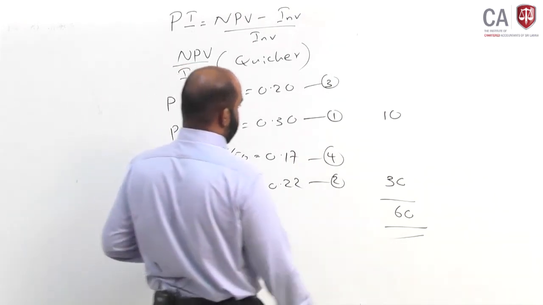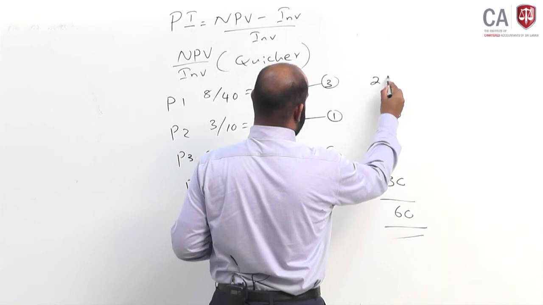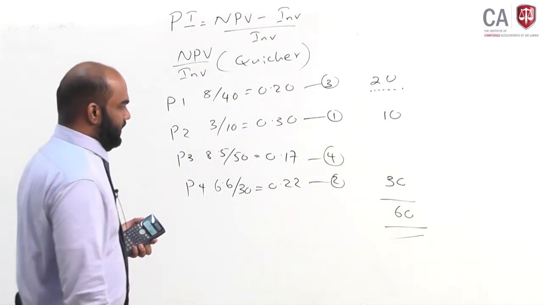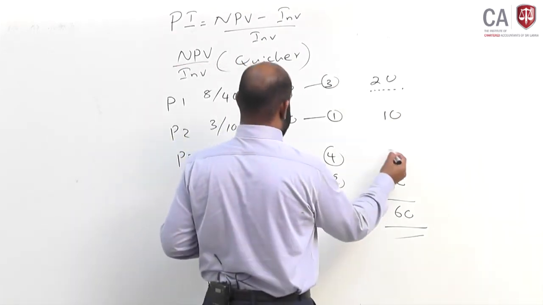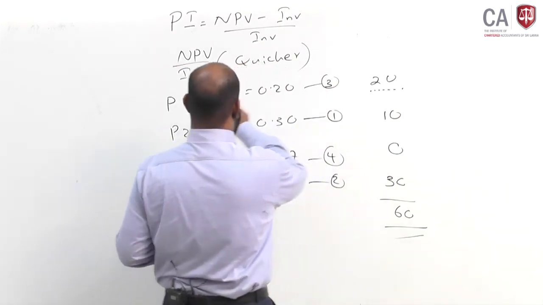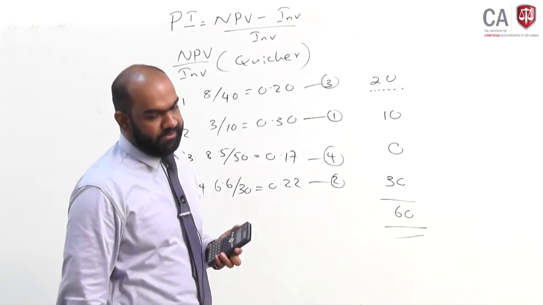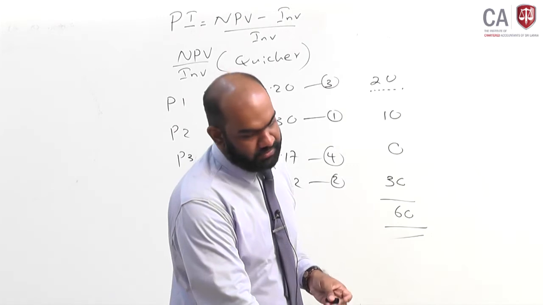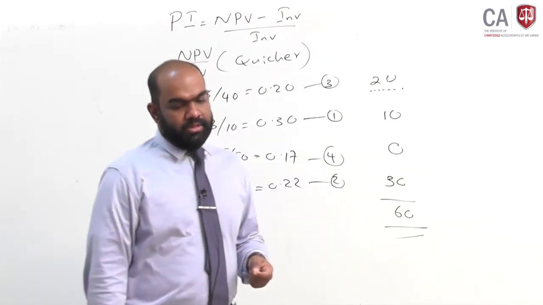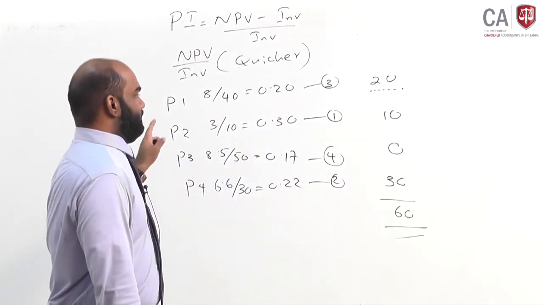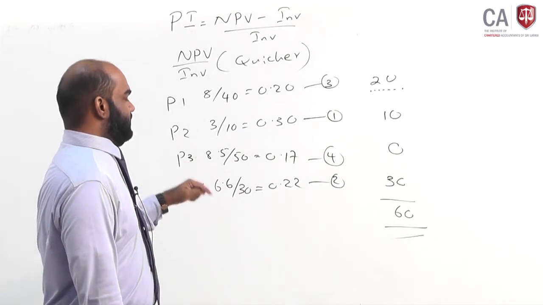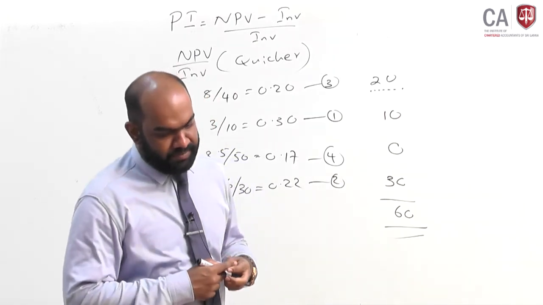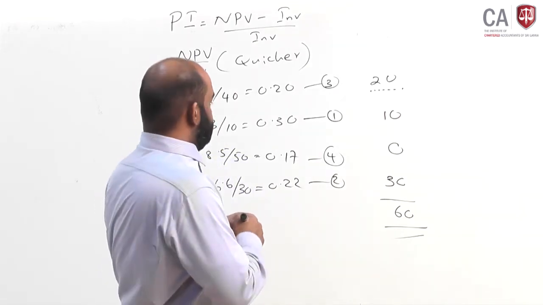I don't have 40, I have only 20 more. Therefore I'll put 20 for P1. Even though P1 requires 40, you can put only 20. So basically you take half of the project, 50% of the project. Therefore, you need to select the answer that says P1 20, P2 10, P3 0 and P4 30.